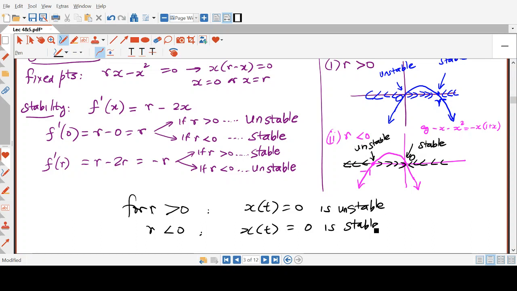It's from the picture above: unstable there, and stable here. Okay, so that's the case of a transcritical bifurcation at r equal to 0. So we can say there's a transcritical bifurcation at x of t equals 0.